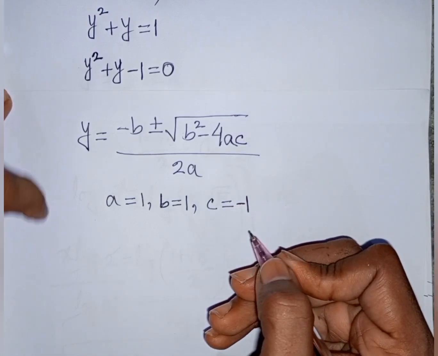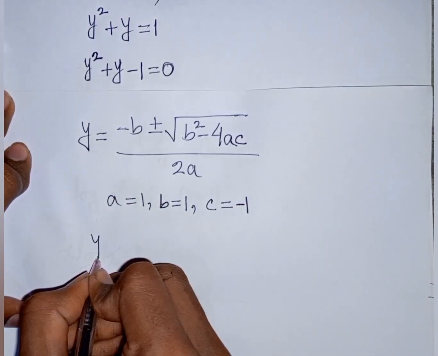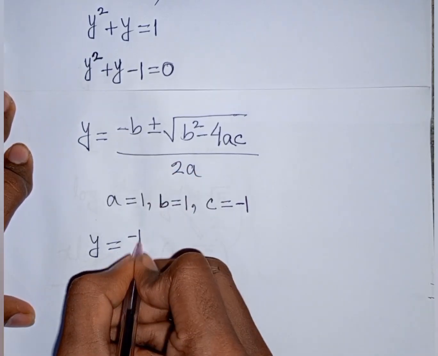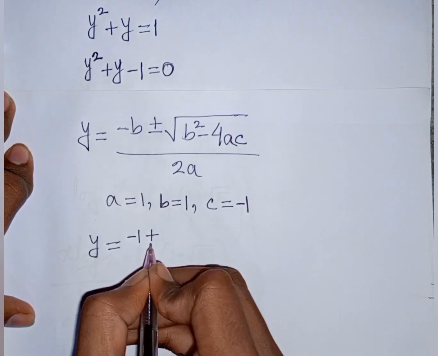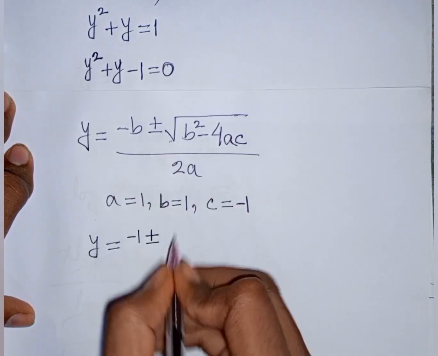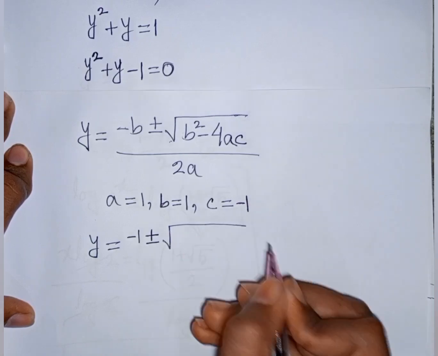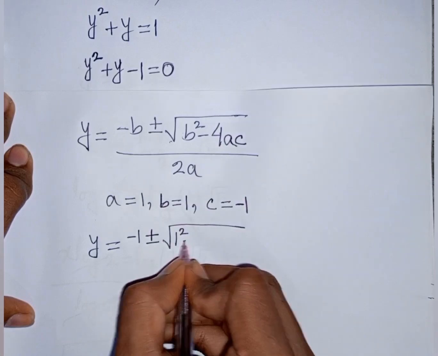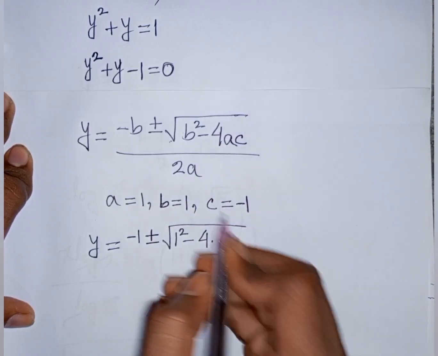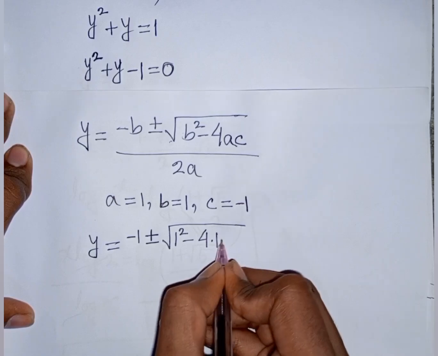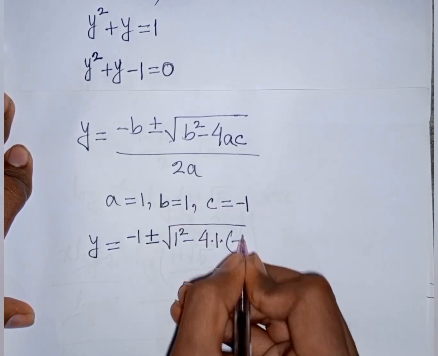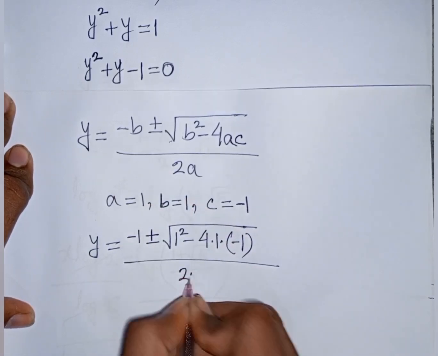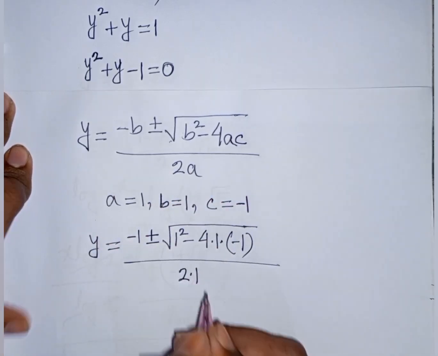Now I can write here y will be equal to minus b, that means 1, then plus or minus square root of b square, that means 1 square, minus 4 times a, that means 1, times c, that means negative 1, then divided by 2 times a, that means 1.